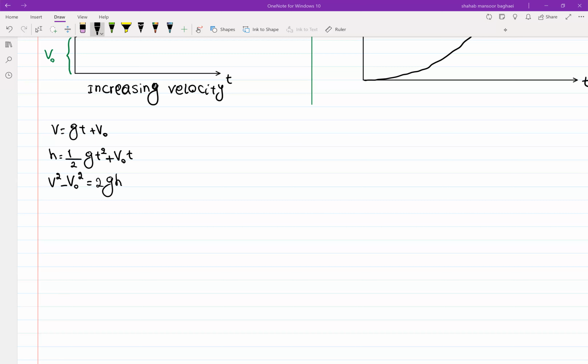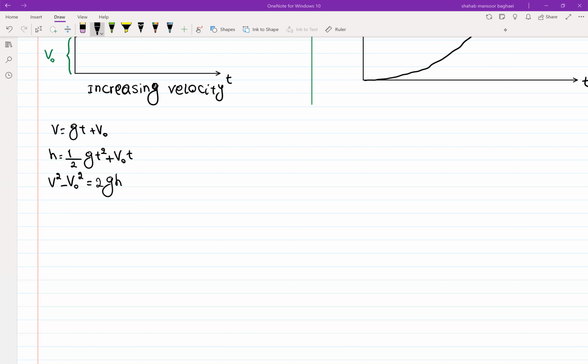And obviously, they're valid for a falling object. It means if you drop something, or if you want to shoot something downward, it should follow these equations. And apparently, there is no problem.